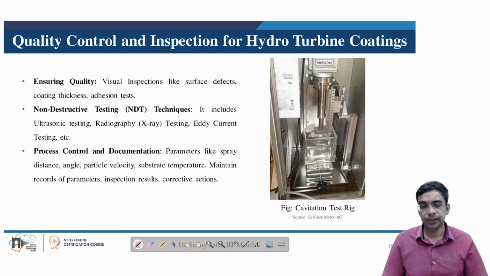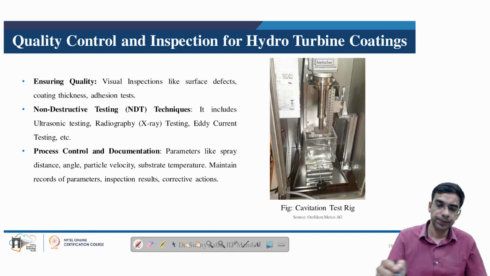Non-destructive testing techniques such as ultrasonic testing, X-ray, and eddy current may be utilized to get more details about defects in the thickness or section of the coatings. Process parameters like spray distance, angle, particle velocity, substrate temperature, etc. may need to be documented properly for inspection and corrective actions.